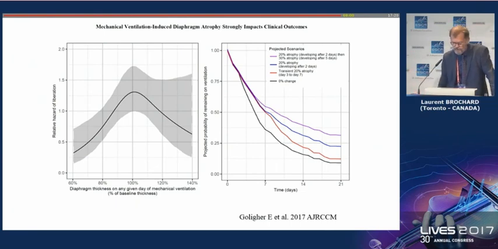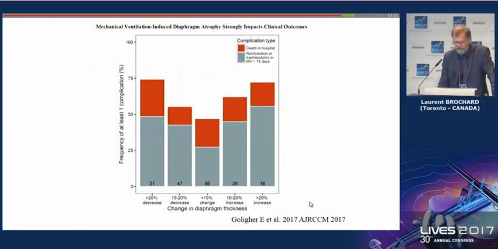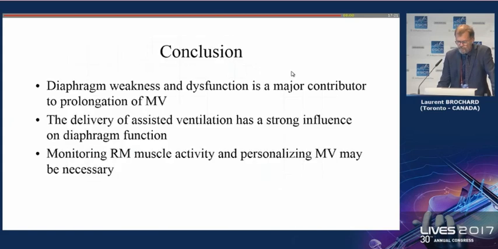This new study, just online in the Blue Journal, shows that it's very strongly associated with a decreased likelihood of liberation from the ventilator, whether it's a decrease in thickness or an increase in thickness. And it's also associated with more complications, including death in the hospital, reintubation or tracheostomy. So a very strong association with outcome.